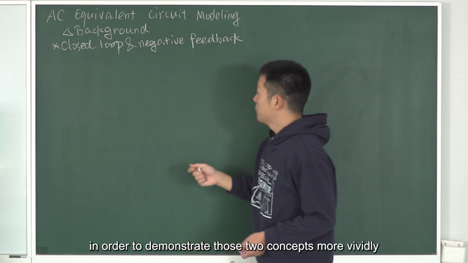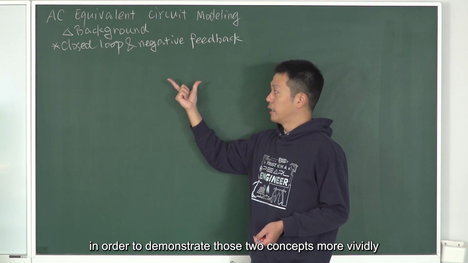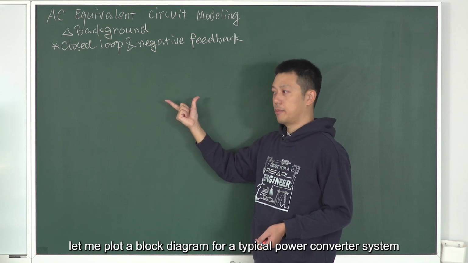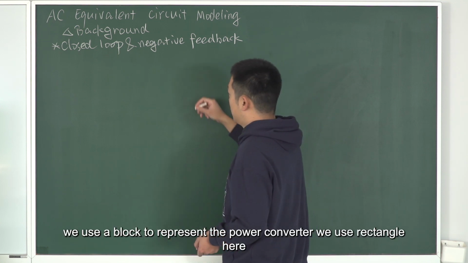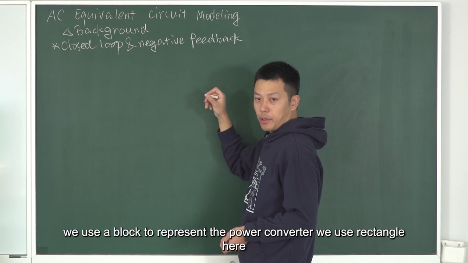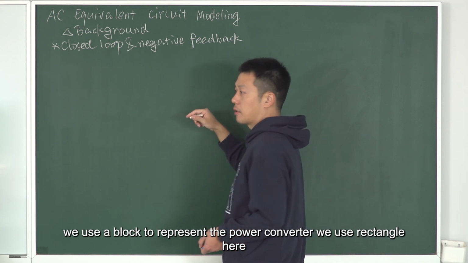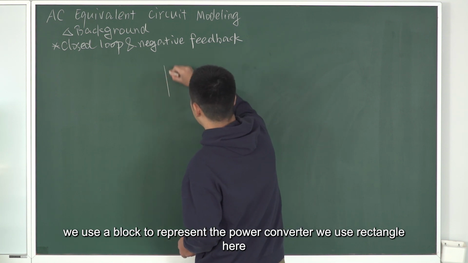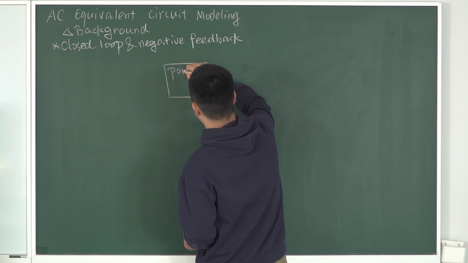In order to demonstrate those two concepts more vividly, let me plot a block diagram for a typical power converter system. We use a block to represent the power converter. We use a rectangle here. So here is the power processor.